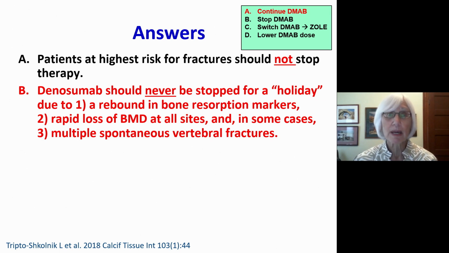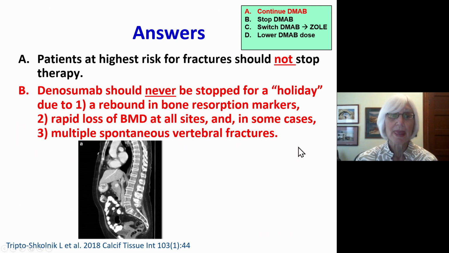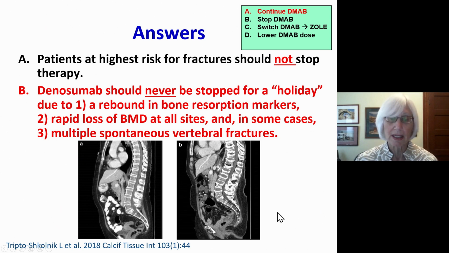But denosumab should never be stopped for a holiday because there's a rebound in bone resorption markers, a rapid loss of bone density at all sites, and even in some cases, multiple spontaneous vertebral fractures. Here's a picture, an MRI of the spine of a woman on denosumab doing well, who then stopped the drug.